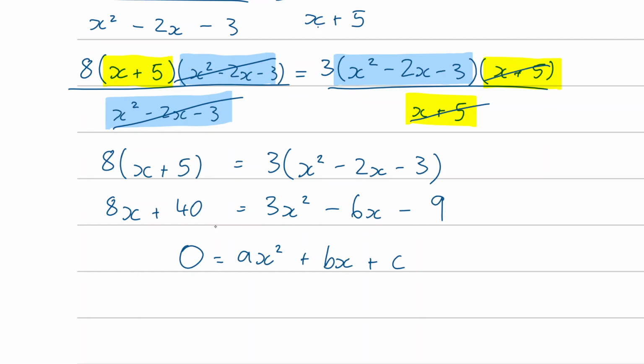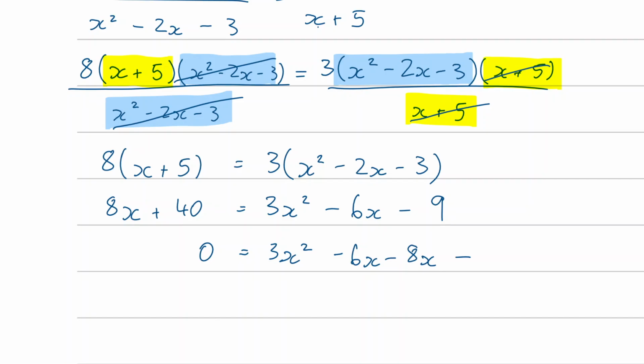So let's subtract 8x and subtract 40 from both sides. So 8x plus 40, if we subtract 8x and 40, on the left-hand side, we get 0. On the right-hand side, minus 6x, so we subtracted 8x, and then minus 9, we also subtracted 40.